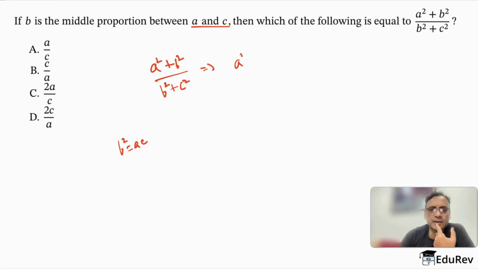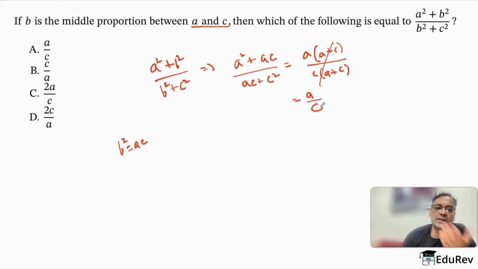So a square plus b square can be put as a square plus ac, and b square again can be put as ac plus c square. So from numerator, if I take a out, I get a plus c, and from denominator, if I take c out, I can write as a plus c. So a plus c is cancelled. My answer is a upon c.